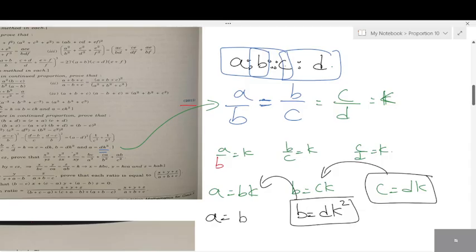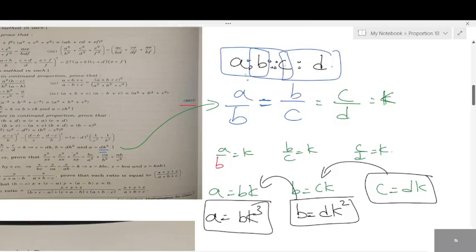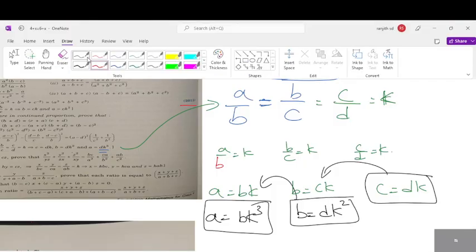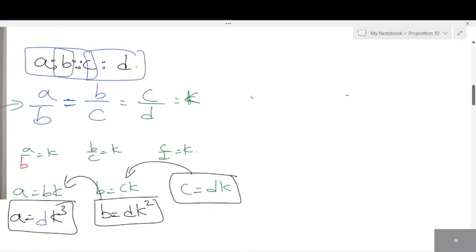B into K. Now is it easy to remember? Yes. Go in reverse order. Substitute in reverse order. You'll get three values. Remember this? Reverse. A is equal to dk cube. B is equal to dk square. C is equal to dk.